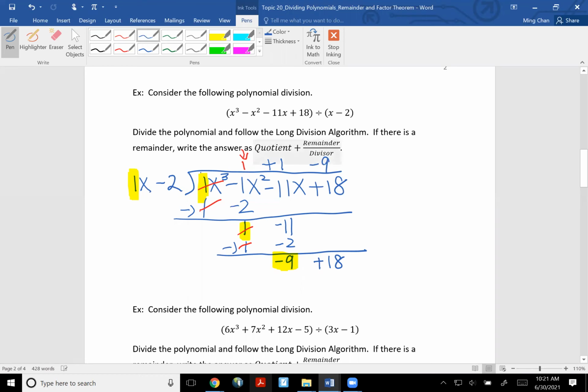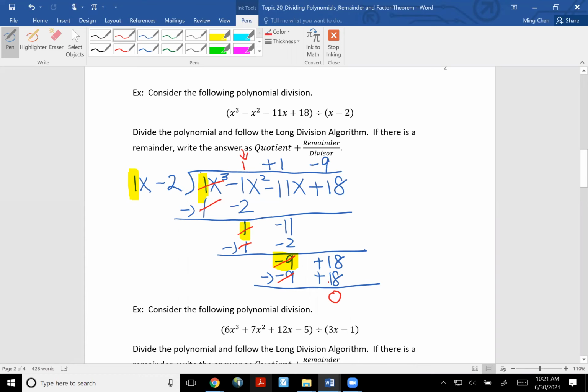So now once I wrote the quotient on top, -9 times 1 is -9, put below your first term. -9 times -2 is positive 18, put below the second term. Long division, we subtract. -9 subtract -9 cancels out. As a matter of fact, 18 subtract 18. Same number subtracting, your remainder is 0.